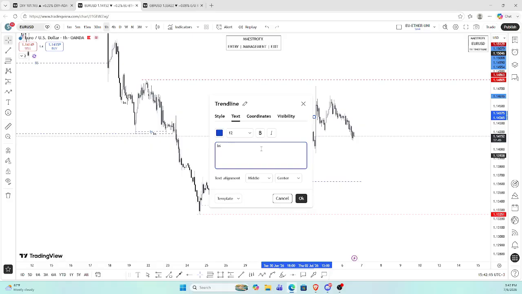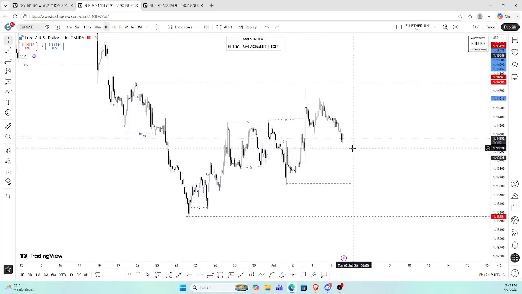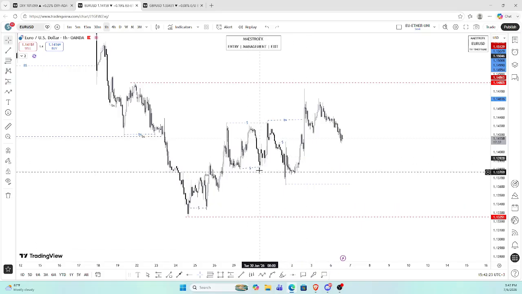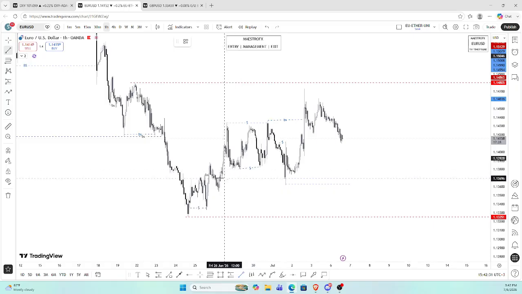Now this is the break of structure, the swing low and swing high which I'm talking about. If we look carefully, you can see that this swing low is a very, very strong low because it has swept very significant lows.